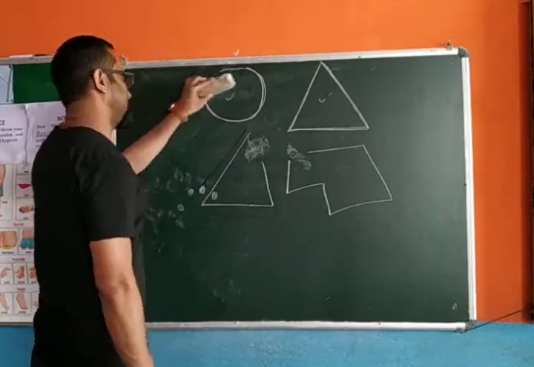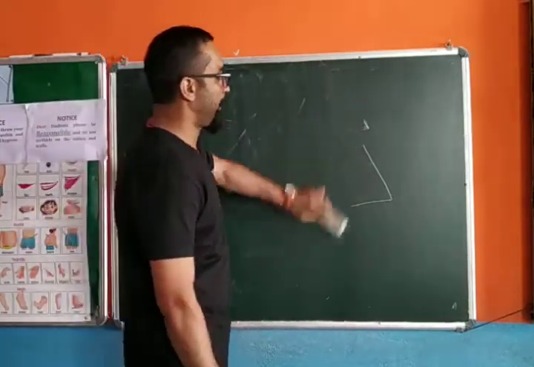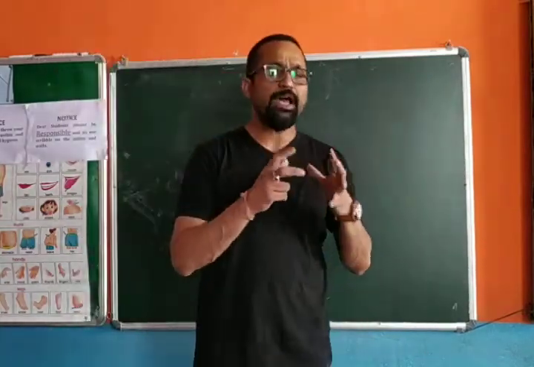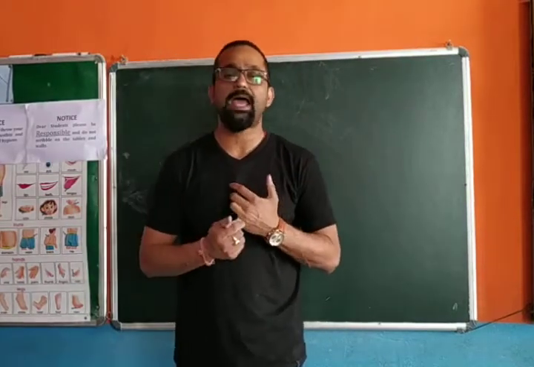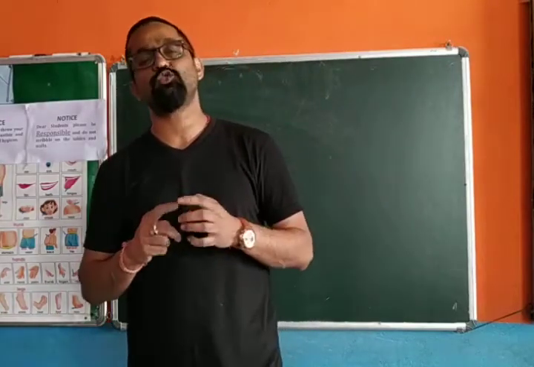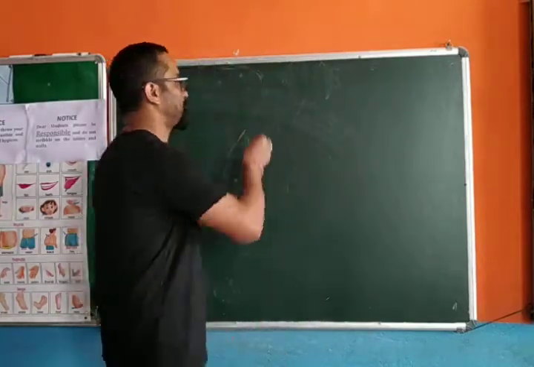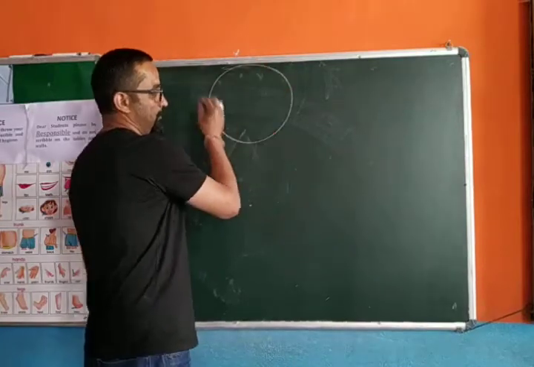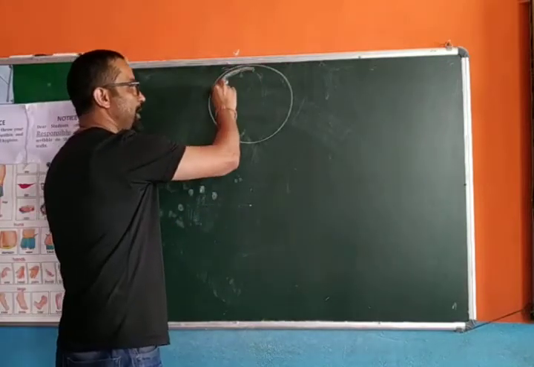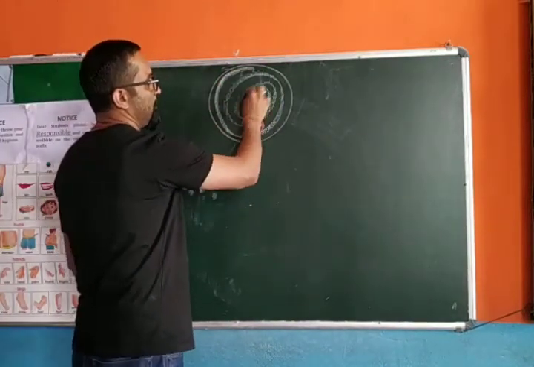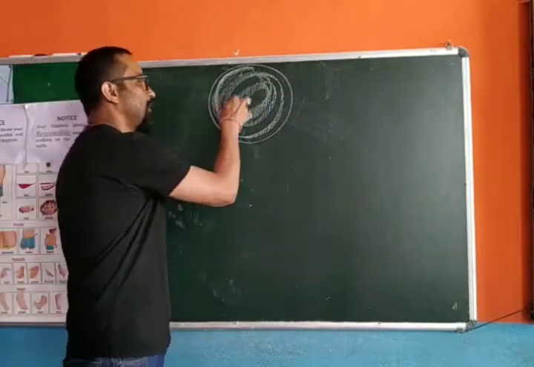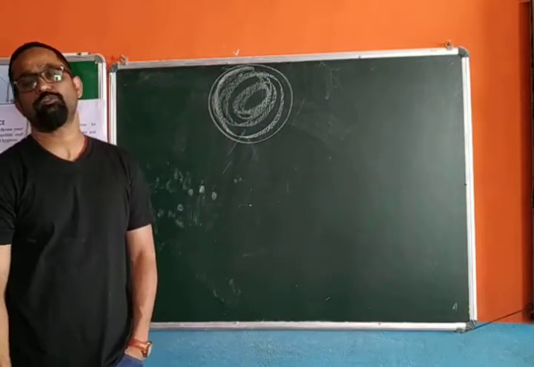Now you have interior and exterior of closed figures. By looking at the name itself, we understand that the interior of a figure means the space which you have inside the figure. For a closed figure, the space within the lines, curved lines or line segments, is called the interior of the figure.